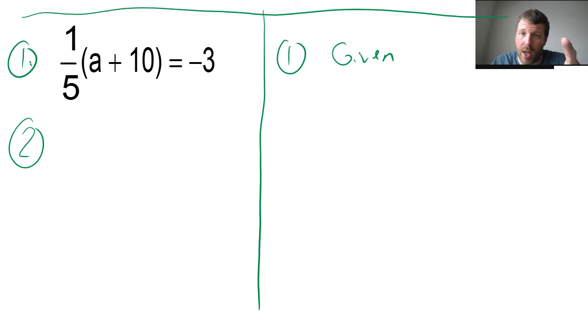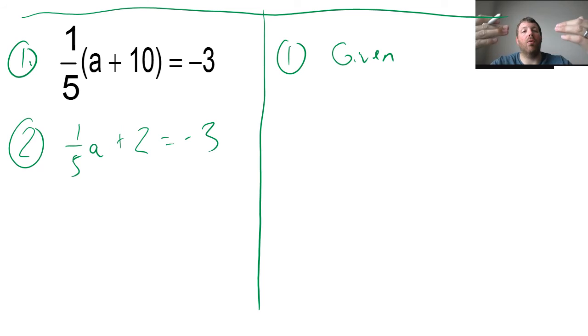So I'm going to distribute that. When I distribute the 1/5, that becomes 1/5 A, and when I take 1/5 times 10, that becomes 2, which is equal to -3. So instead of showing all of that math, we're just writing our answer for the next step.